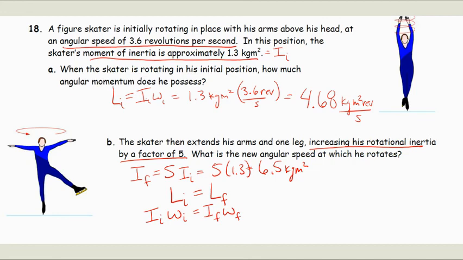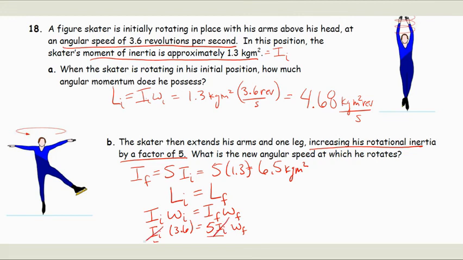Okay, so I know I initial times omega, and my omega is 3.6, is equal to 5 times I initial, which we could go ahead and plug in values here. We could put 1.3 here, and we could put 6.5 there. That's fine. Times omega final.